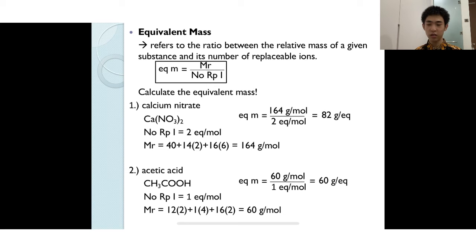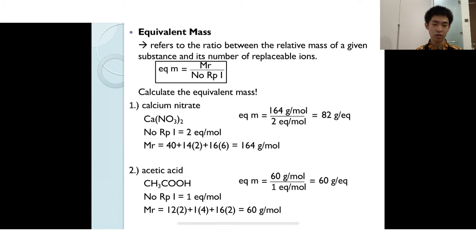Number 1, calcium nitrate, which is Ca(NO3)2. So the number of replaceable ions is 2 equivalents per mole, and the relative mass is 164 grams per mole. So the equivalent mass is 164 grams per mole over 2 equivalents per mole, so it is equal to 82 grams per equivalent.